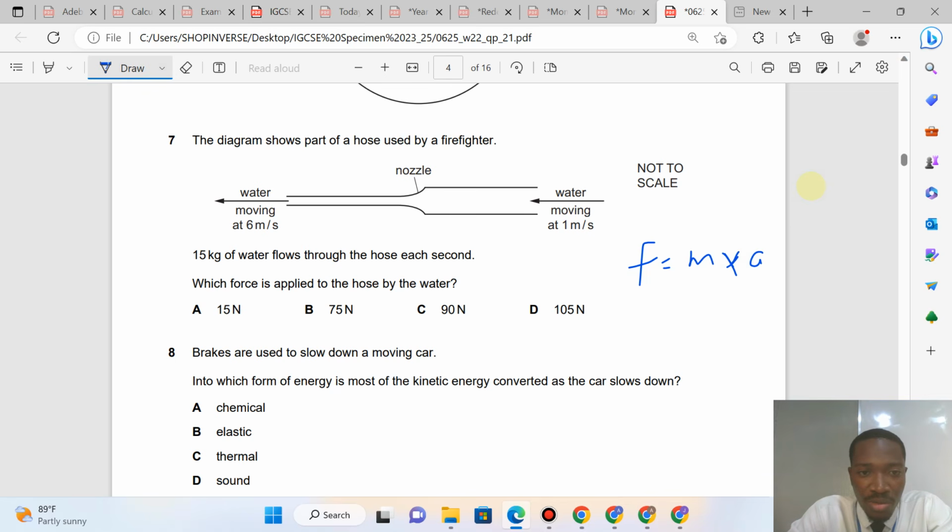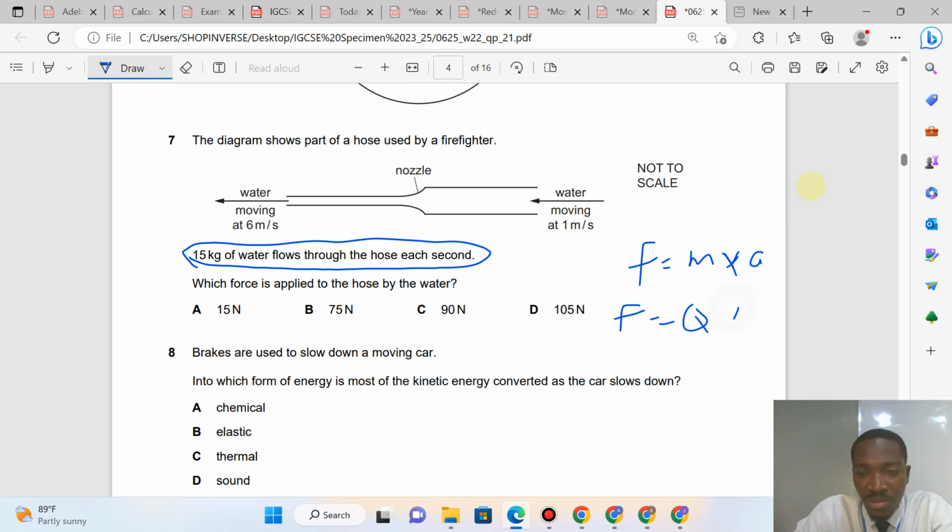Now you have the flow rate, that is mass per unit time. Force is also equal to flow rate multiplied by velocity or speed. So the flow rate, the mass per unit time, is 15 kilogram per second.